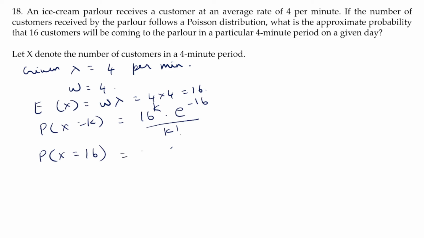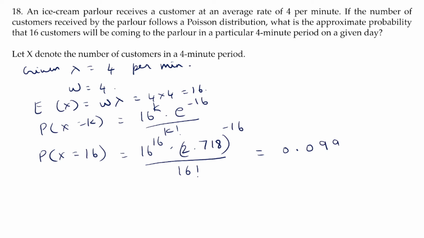In place of K we put 16. So it is 16 raised to 16, e raised to minus 16, where e is Euler's constant, 2.718, upon 16 factorial. So it is a huge quantity. We can use log tables since log tables are in the syllabus. When we calculate and simplify, we get this as 0.099.